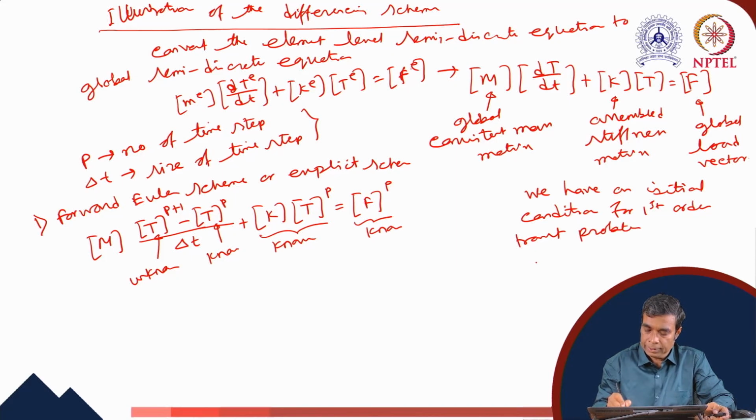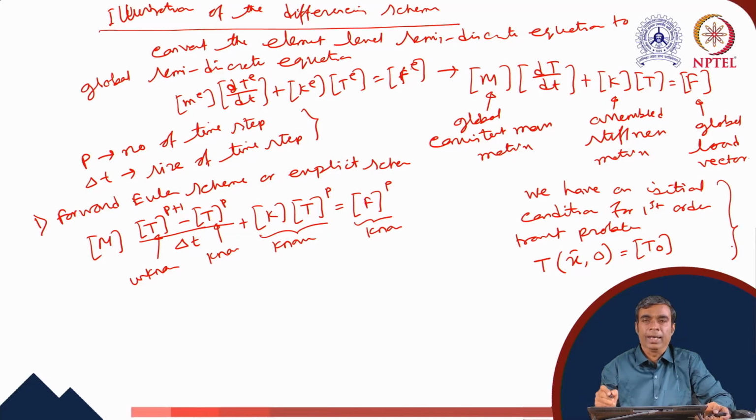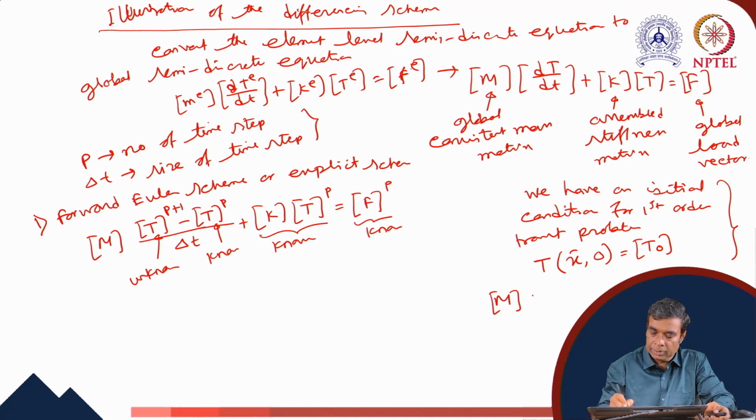So we can take the temperature at any location at time t equals 0 as the T0 vector. So this represents our initial condition, and this initial condition is compulsory for transient problems. We take that our mass matrix is independent of time.